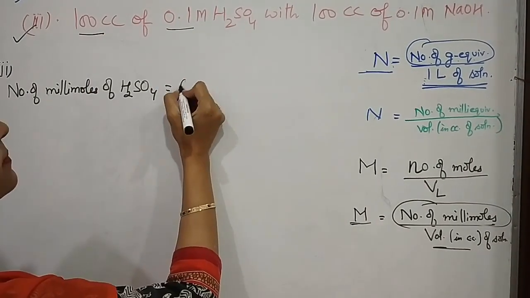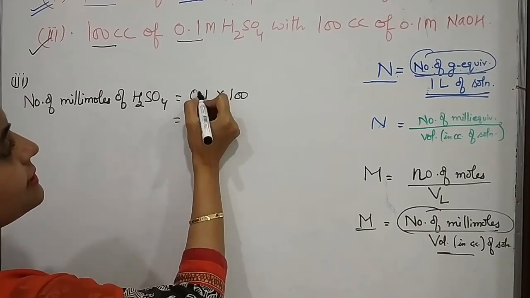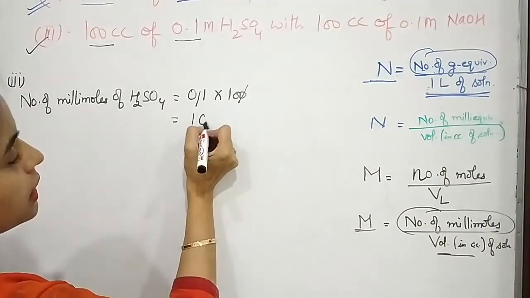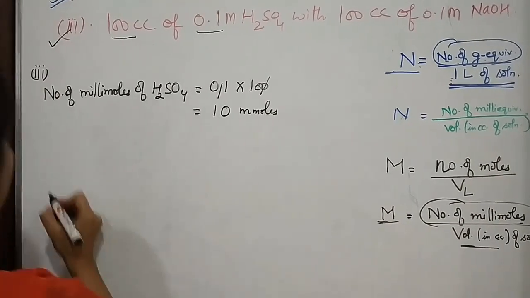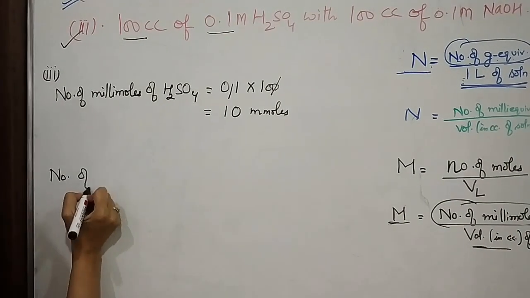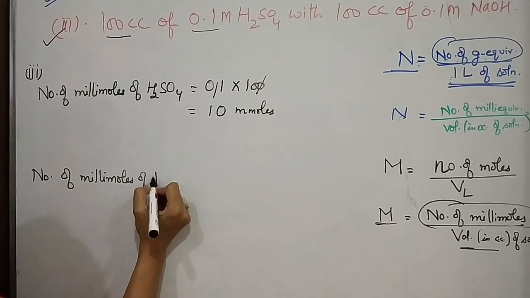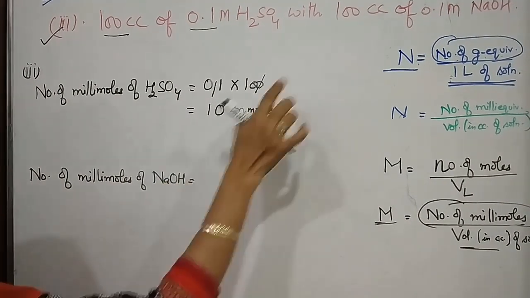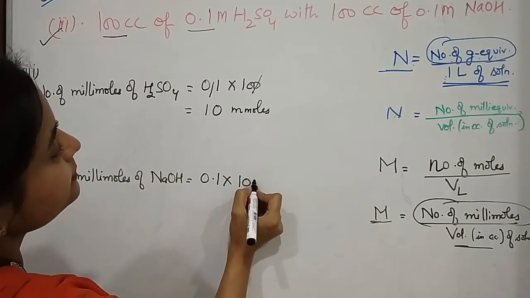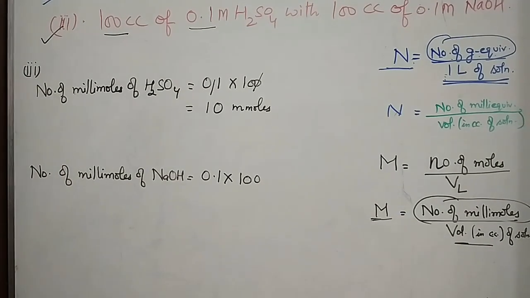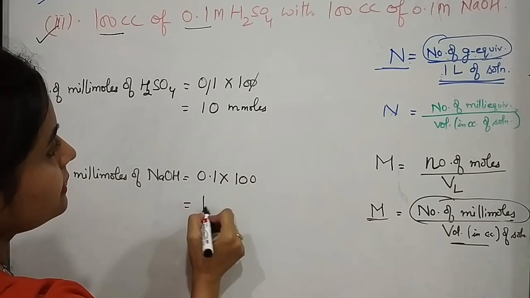Molarity is 0.1 into volume is 100, which is 10 millimoles. Similarly, number of millimoles of NaOH is 0.1 into 100. So again this is 10 millimoles.